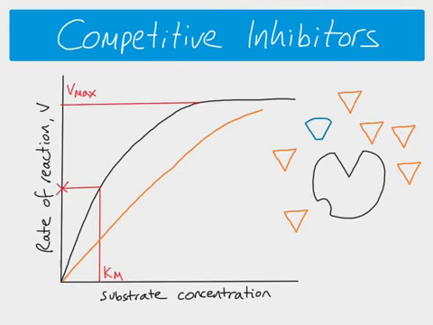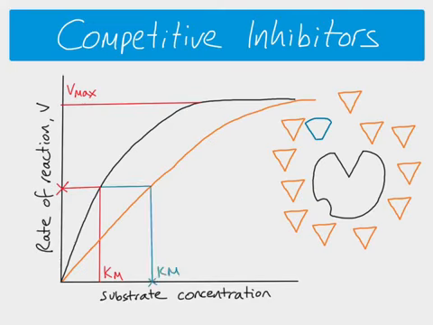If you increase the substrate concentration high enough, it is so unlikely that the inhibitor molecule, which is at a much lower concentration, is going to bind to the active site, that with enough substrate you will reach the same Vmax that you had when there was no competitor at all. It's almost as if the competitor has been outcompeted itself. So with high enough substrate concentration, you will reach the same Vmax as before.